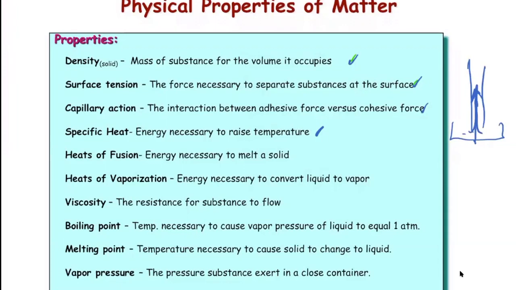Okay. Heat of fusion, that's the energy you need to put in to melt a substance, or the energy you get out when a substance goes from liquid to solid. Heat of vaporization, that's the energy you need to put in to vaporize a substance, or the energy you get back when a gas converts to a liquid.